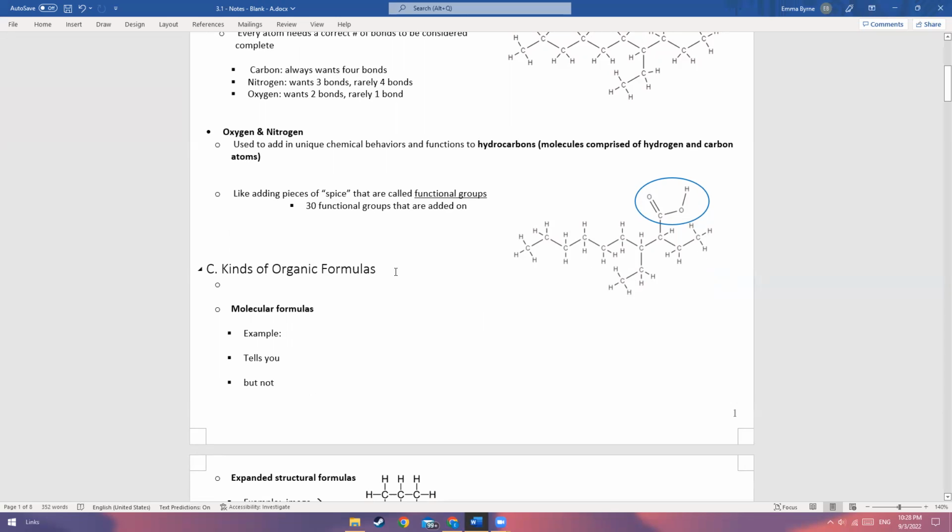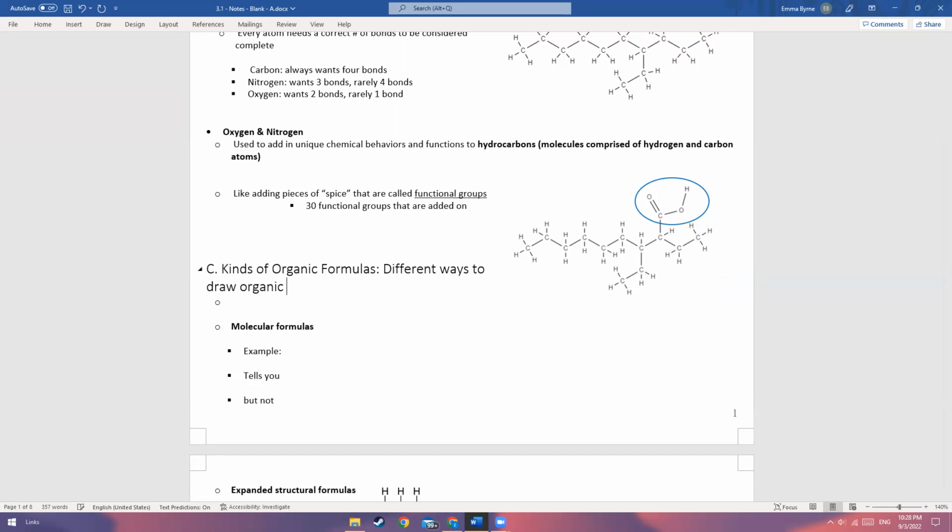So when we're talking about different kinds of organic formulas, we're basically saying different ways to draw organic compounds. And we need better ways to write this information down.